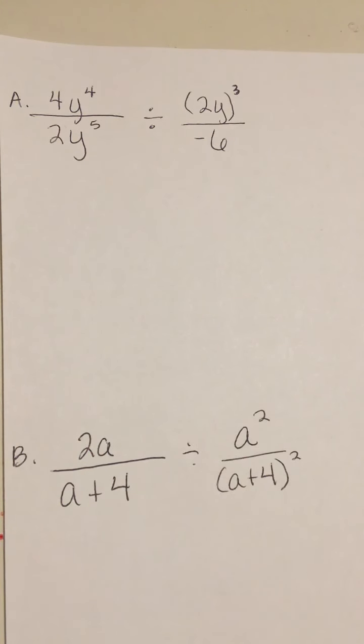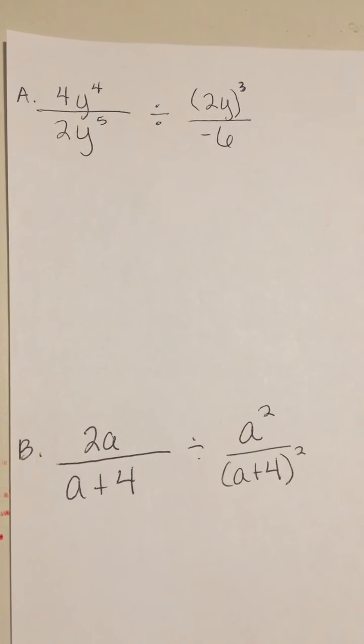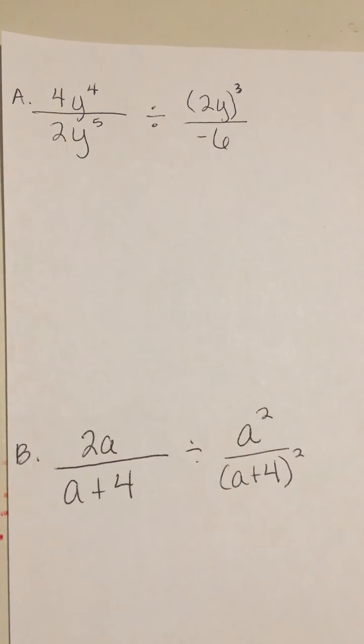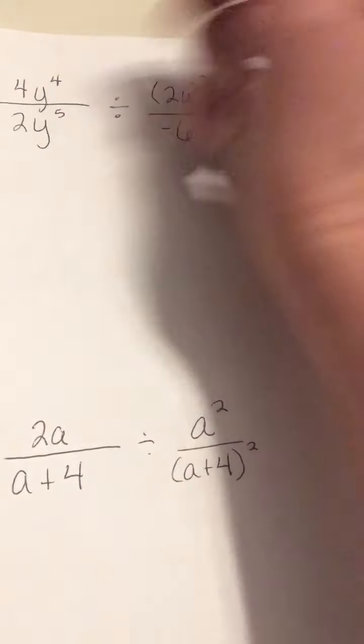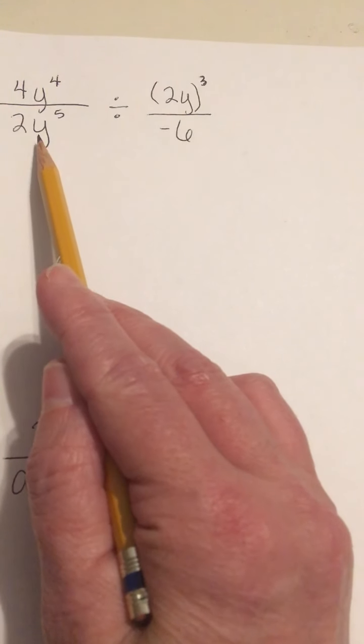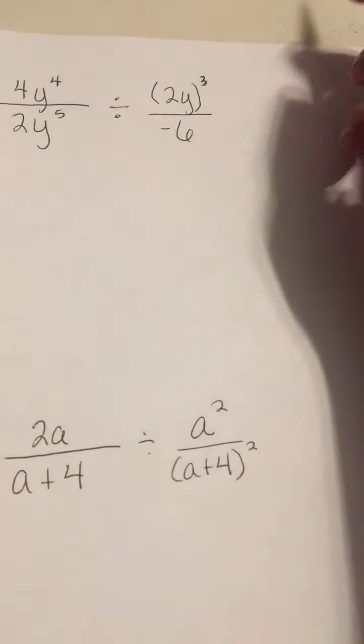So the first problem we're going to do is right here, 4y to the fourth over 2y to the fifth divided by parentheses 2y to the third over negative 6. So the first thing you always want to do is change this to a multiplication problem. So we're going to do that first. We're going to write the first one just like it is. We're going to keep that the same.